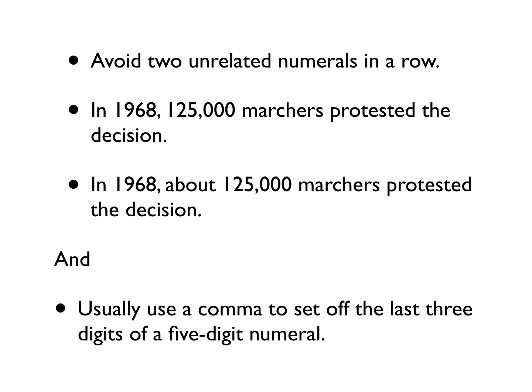You want to avoid something that might make the reader go, oh, that's bizarre, what do I do with that? And it's easy enough to recast it. "In 1968, about 125,000 marchers protested the decision." So in this case, clarity trumps concision.